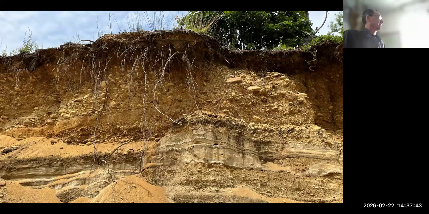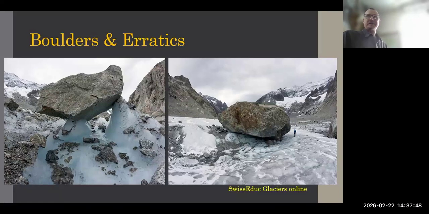All right. We'd be remiss if we didn't talk about boulders and erratics, right? Everybody sees them. They really grab your attention. So I want to just say one word about boulders and erratics, and this is kind of a common source of confusion. All erratics are boulders, but not all boulders are erratics.